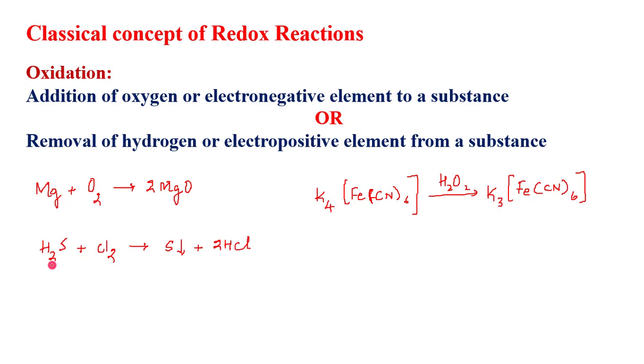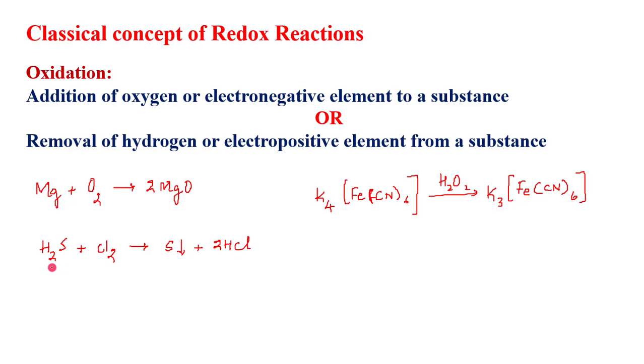Hydrogen sulfide has changed to sulfur. You have removed hydrogen, we call it as oxidation, right? At the same time, this hydrogen is combining with chlorine. You are adding hydrogen to chlorine, and adding hydrogen we call it as reduction.